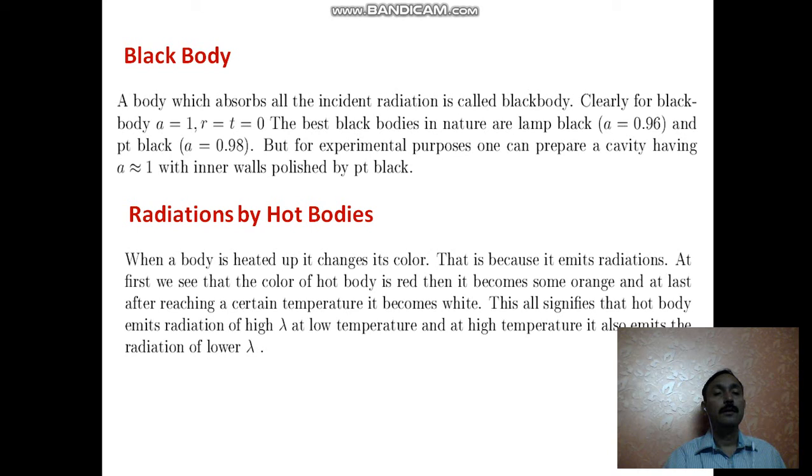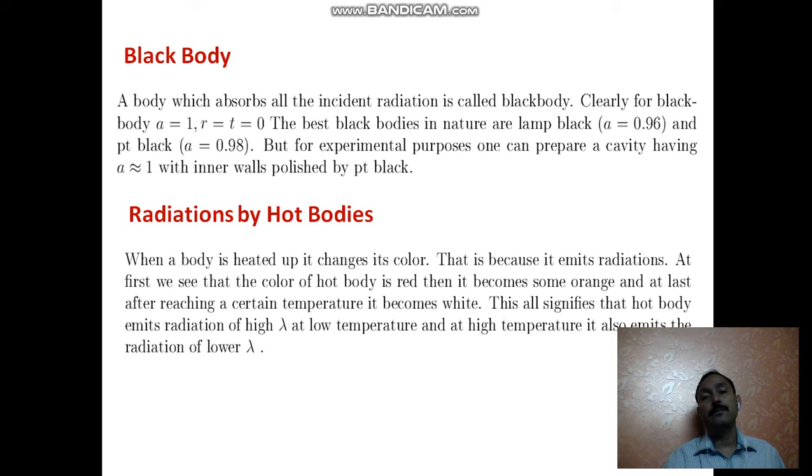Radiations by hot bodies. When a hot body is heated up, it changes its colors. This is because it emits radiations. At first, we see the color of a hot body is red.